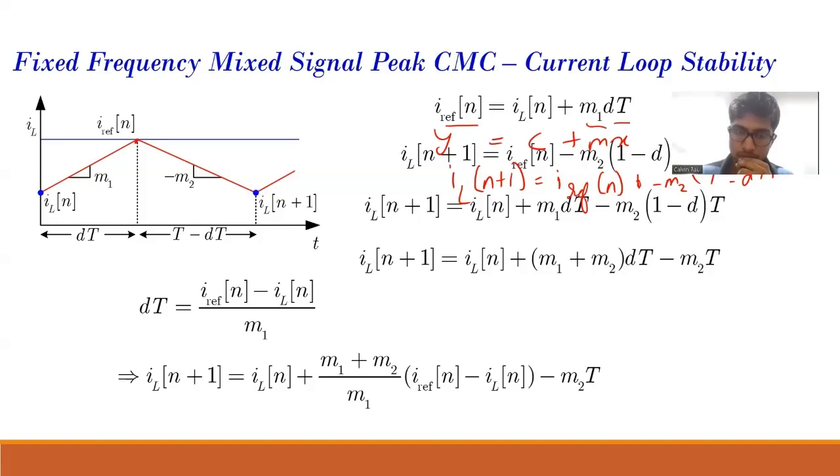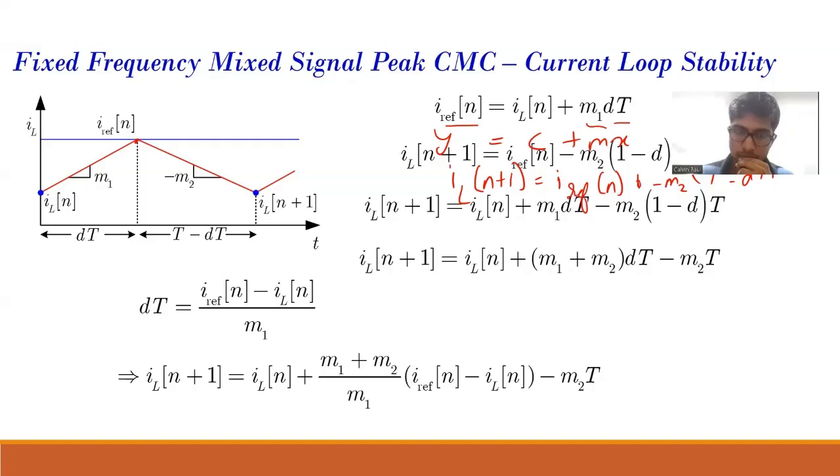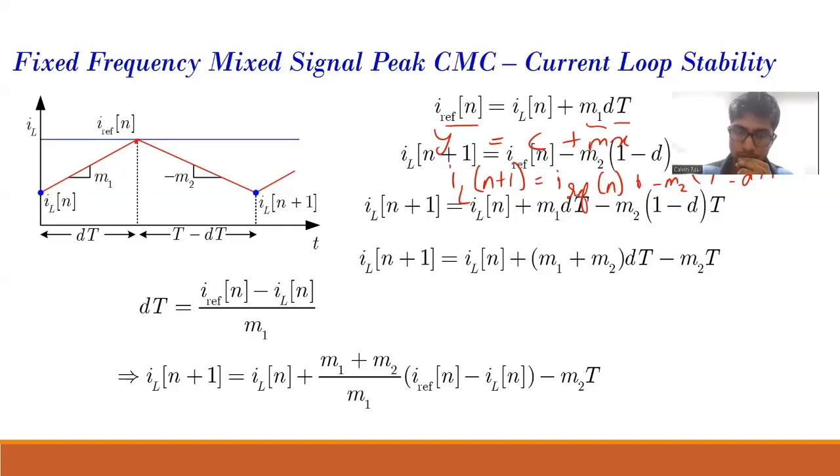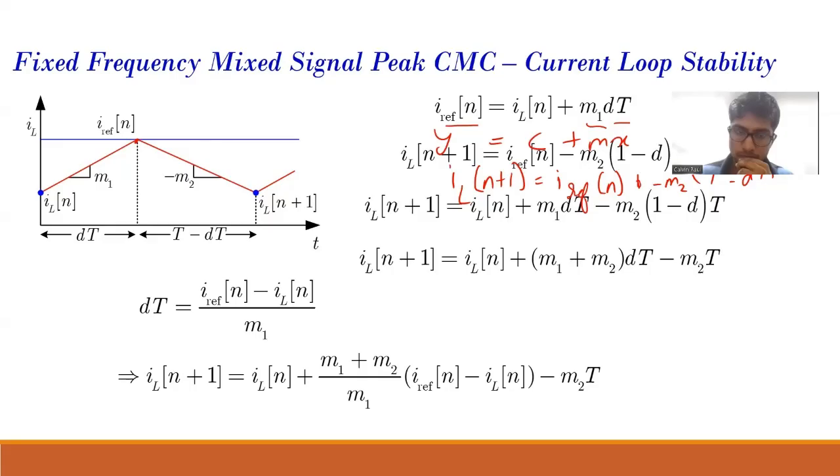It should not lie somewhere outside. This is the distance of the pole from the origin. So my pole will be located at Z equal to minus M2 upon M1. If M2 and M1 both are positive, then my pole will be on the negative side, somewhere around here. And this would be where my pole is located.